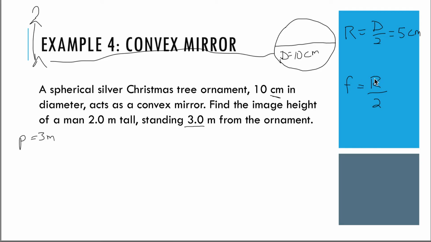We have to divide that by 2 again to get the focal length. So 5 divided by 2 is going to be 2.5 centimeters. But now we need to make sure to convert that to meters since our other distance is in meters. So our focal length is going to be 0.0025 meters.